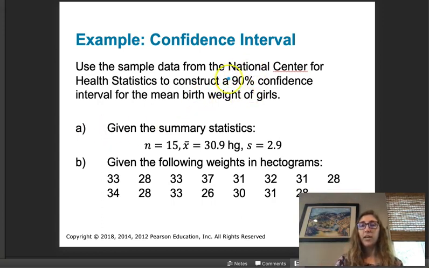And you do that by using the confidence level that they're giving you, okay? Then you would be multiplying by the standard deviation and dividing by the square root of n to get that margin of error. And from there, you're adding and subtracting to your X bar. Okay, so how about let us do that together here.